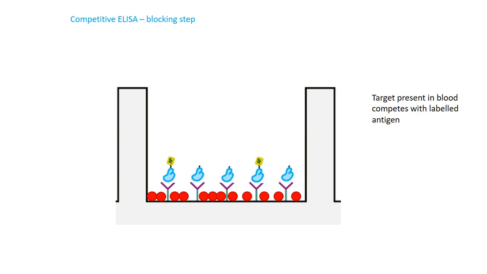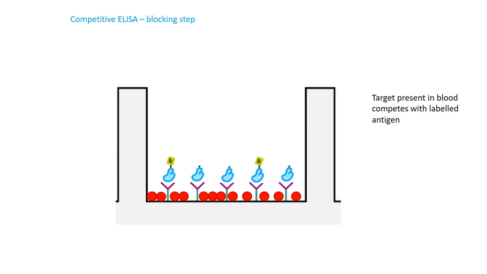The binding occurs, then you do a wash to get rid of all excess material. And as you can see here, there are 2 labeled targets and 3 unlabeled targets. So quite clearly this blood sample did have some of the target that we're interested in.